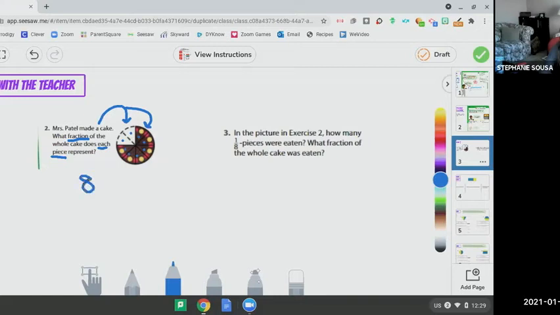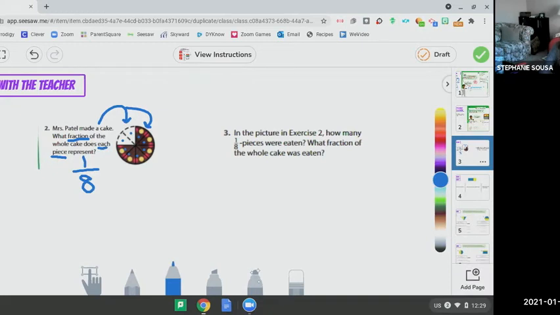So that's going to be my denominator, my lower number. 1/8. The question is, what fraction of the whole cake does each piece? That means one piece. So one piece, whether it's been eaten or still there, is 1/8. That is the fraction of a piece of this cake.